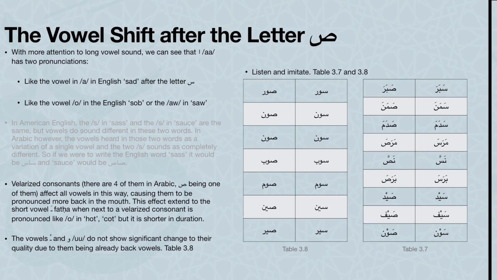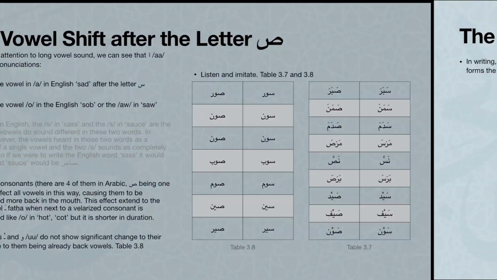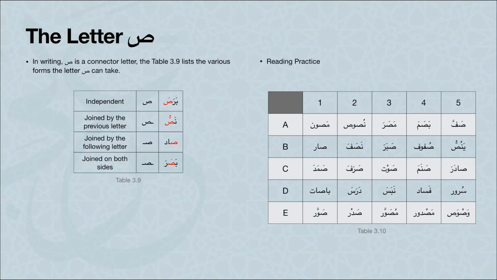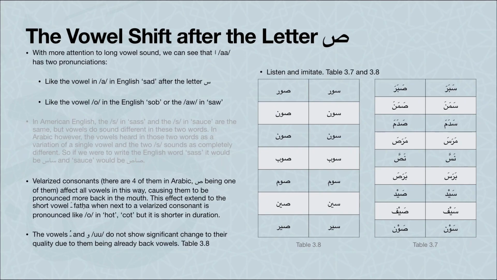There will be a lot more to read, by the way. There's a whole part where we can read, but this one is just focusing on the vowel change, the "ah" sound changing. Now we've paid more attention to the long vowel sound, and we can see that the sound has two ways of being pronounced, two different sounds basically.